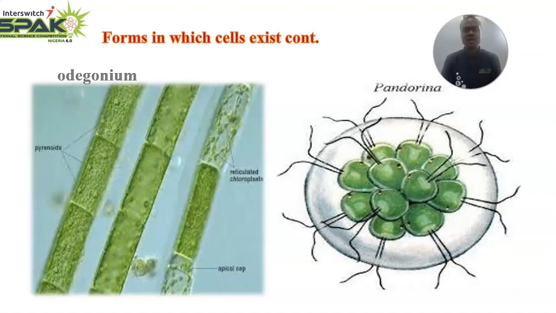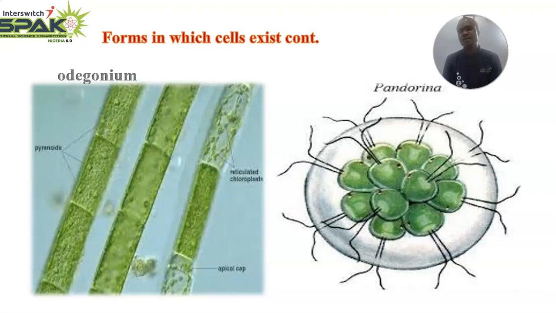When you have cells connected together end to end, as you have in Oedogonium and in Spirogyra, you have end-to-end connection of cells. So a cell can also exist in the form of a filament.